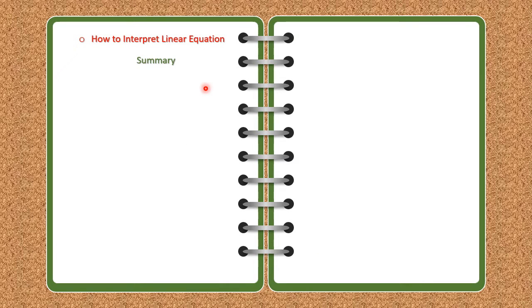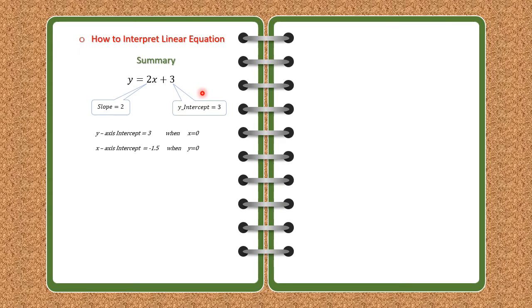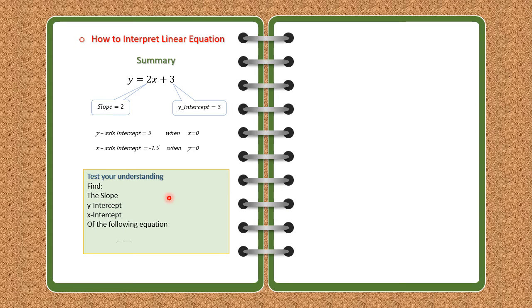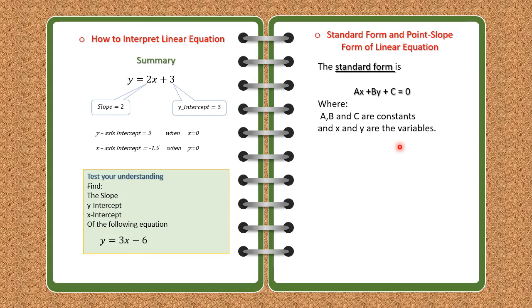This is the summary of what we learned. And now let's take a simple problem to solve. Let's say y equals 3x minus 6. We try to find the slope, y-intercept, x-intercept, standard form and point slope form of the linear equation.